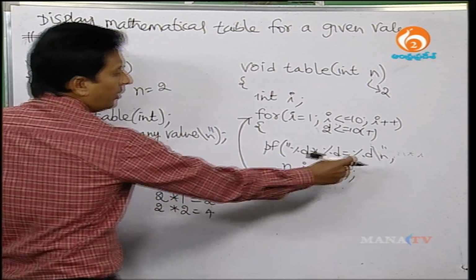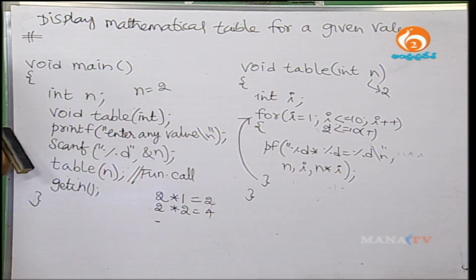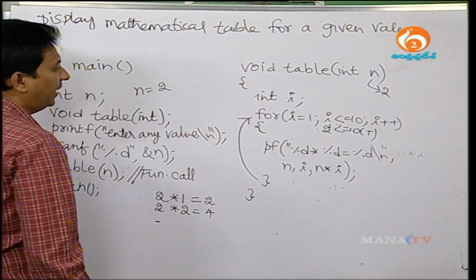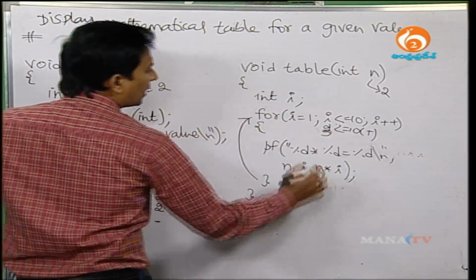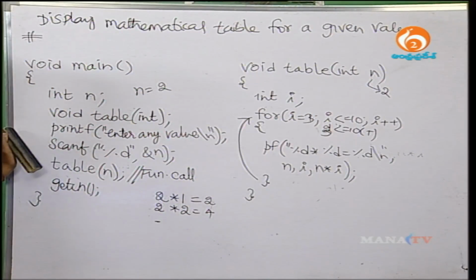Okay. Because of the backslash n, control moves to a new line. Next iteration, I plus plus, I is incremented by 1, I value becomes 3 now because of I plus plus.